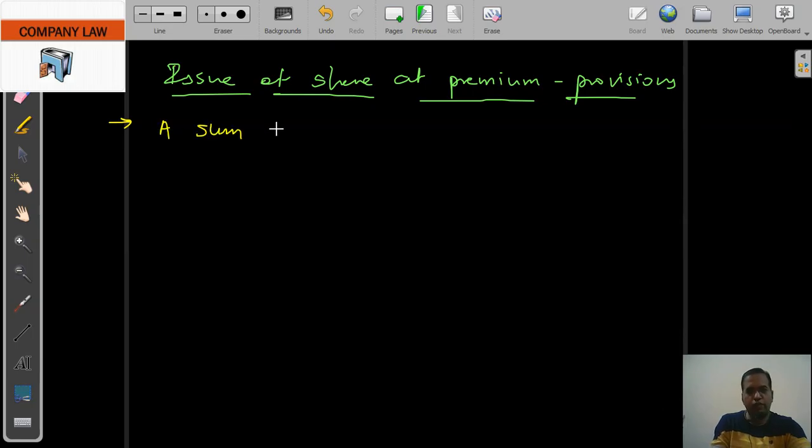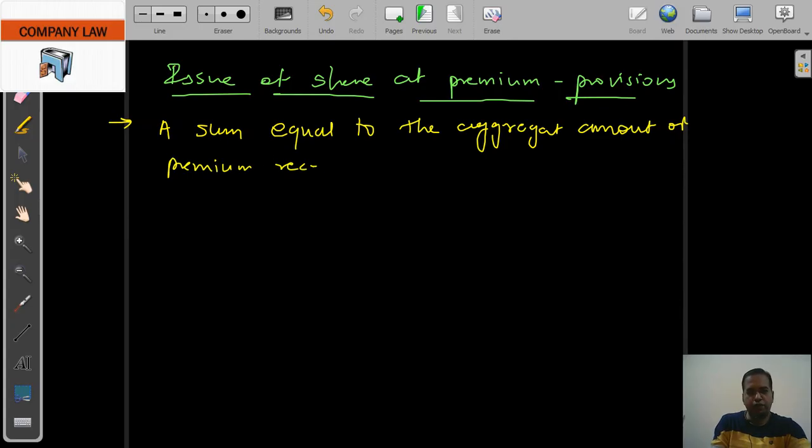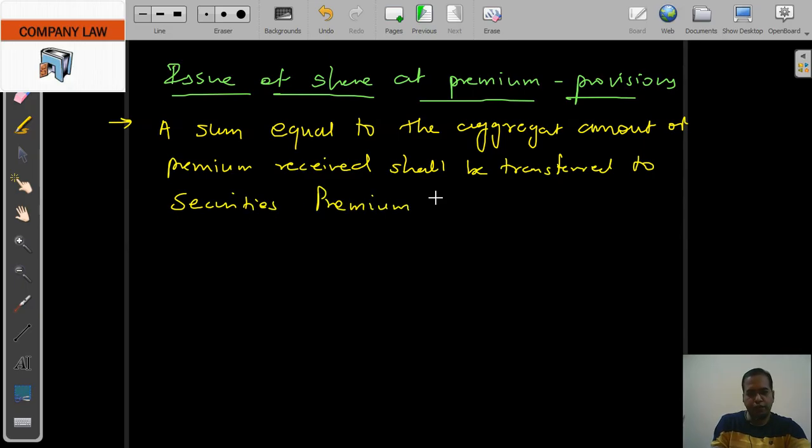A sum equivalent, or you can just say a sum equal to the aggregate amount of premium received shall be transferred to securities premium account.